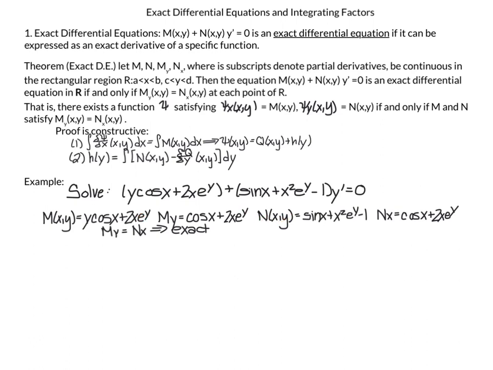N will be equal to sine x plus x squared e to the y minus 1. Taking the derivative with respect to x, this would become cosine x, and this here would be 2x e to the y, and the minus 1 goes away. And in this case, you can see that M_y is equal to N_x, and therefore this equation is exact.